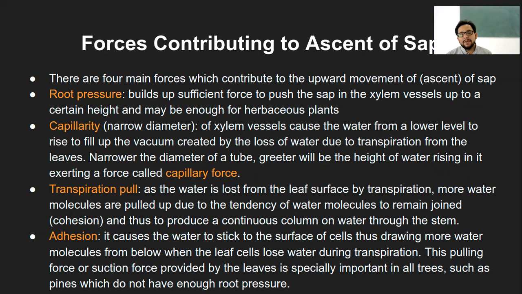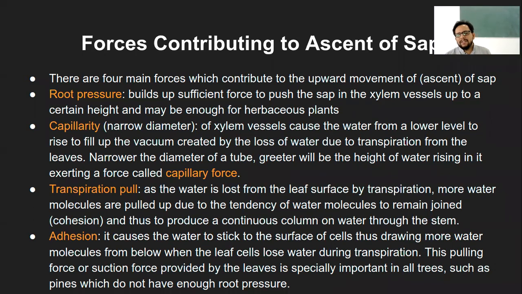So what are those different forces which act on the cell sap that will cause the upward movement of this content? First one is obviously root pressure, and we have seen this. It builds up sufficient force so that it will push up the sap in the xylem in the upward direction up to a certain height, and it may be enough for the herbaceous plants, that is the small plants, the bushes and the grass kind of plants.